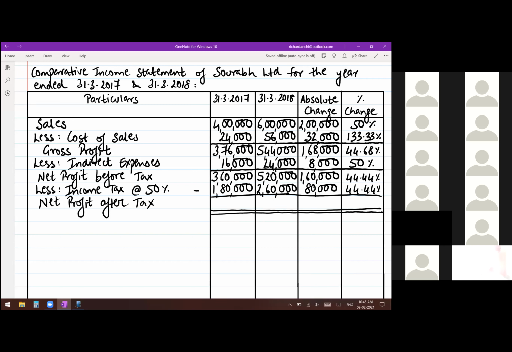Deduct 3,60,000 minus 1,80,000. You are reducing by 50%, which means only 50% will remain. So again, it's going to be 1,80,000, 2,60,000. That will be 80,000, and percentage will remain the same, 44.44%.